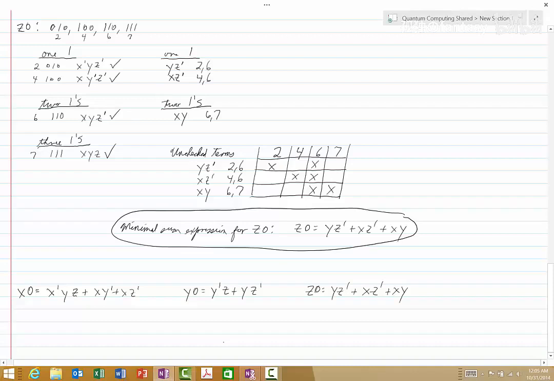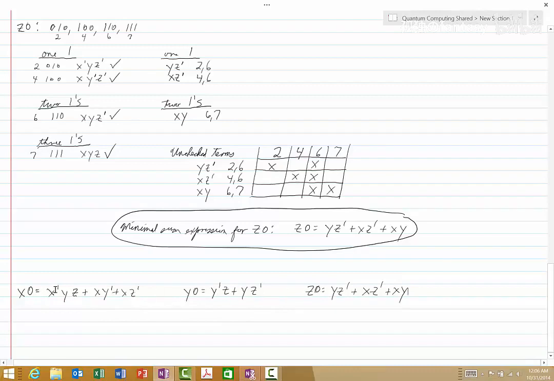Now, at this point, I'd like to make one observation. We see that Y0 here is equal to Y prime Z or YZ prime, which of course is the same thing as Y exclusive ORed with Z. Now, we don't want to mess up the lines carrying Y and Z very early in the process, because we will need those to construct X0 and Z0.